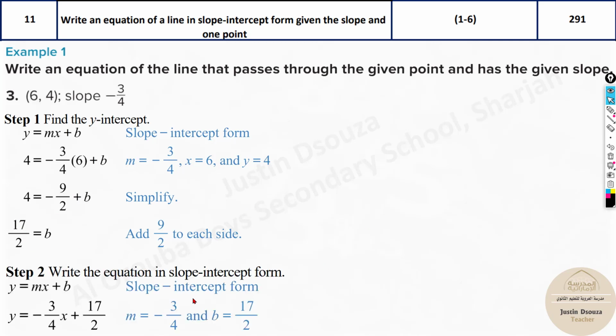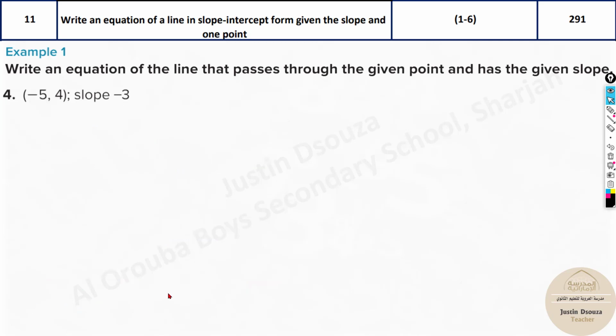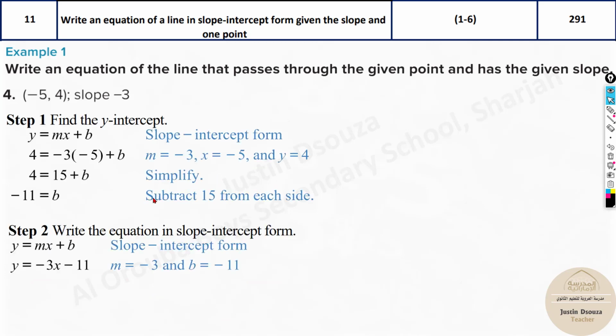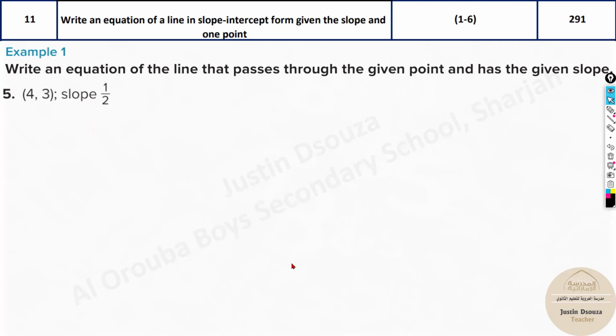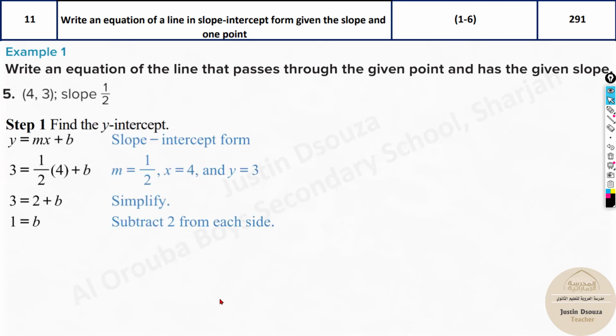And then you just substitute in the slope intercept form and get the answer. Second step is very easy. Just substitute m value and b value only. But b value must be found out before, and y and x remain variables. Same thing here, it's the same type, same method, but only values change. Please do these problems by yourselves and then check for the answers. Pause the video now, do this, and then check the answer.